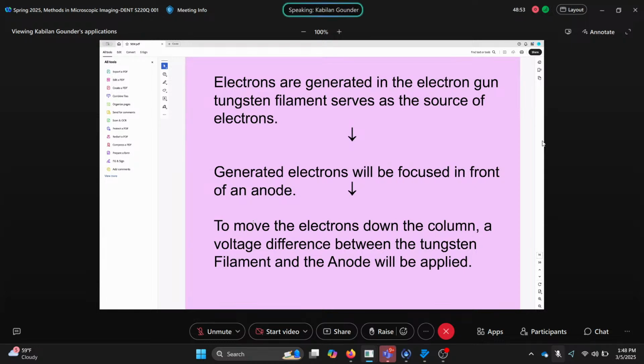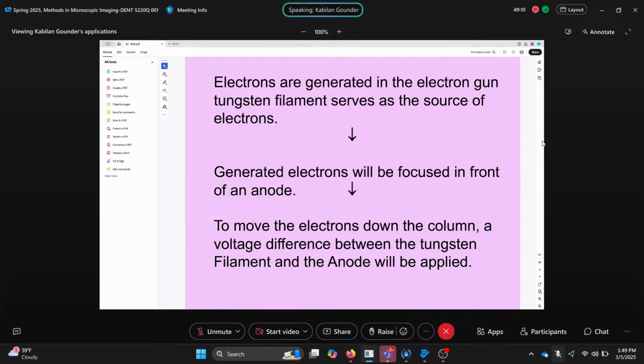So the electrons, as we know, are the light source. They hit the samples and bounce back, and then you can see the images.